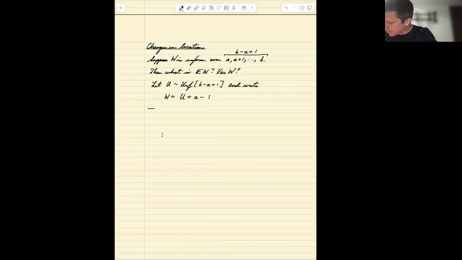And therefore, the expectation of W is the expectation of U plus a, which is equal to (b minus a plus 1)/2 plus a. And the variance of W equals the variance of U plus a.